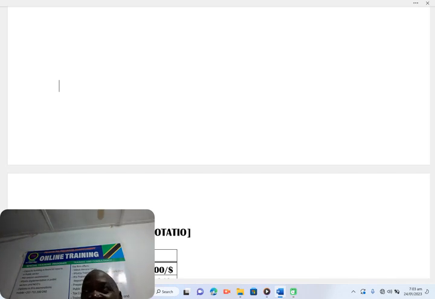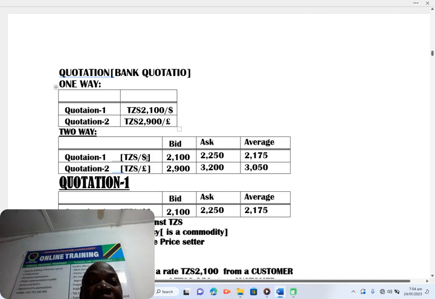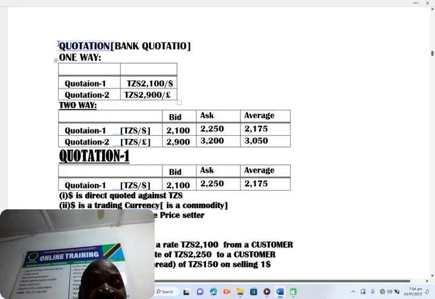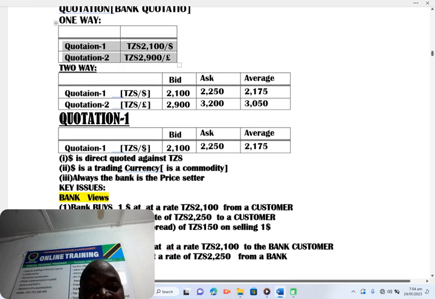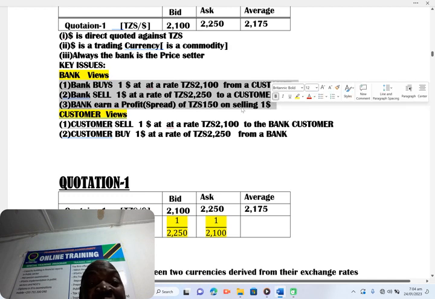Can I add another concept? So you are ready to add another concept, isn't it? Okay. So we have done a lot of things as we started with two-way quotation and one-way quotation. So remember how to understand who is buying between the bank and a customer.